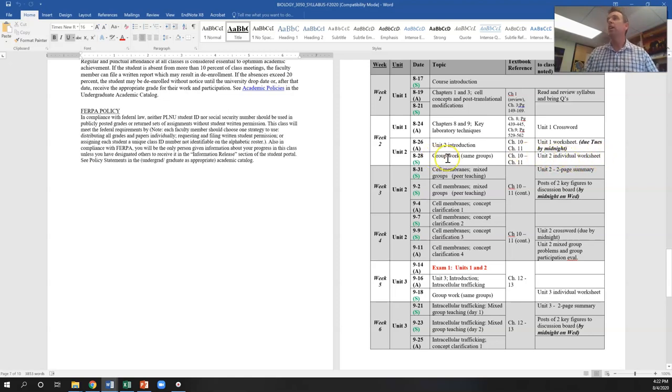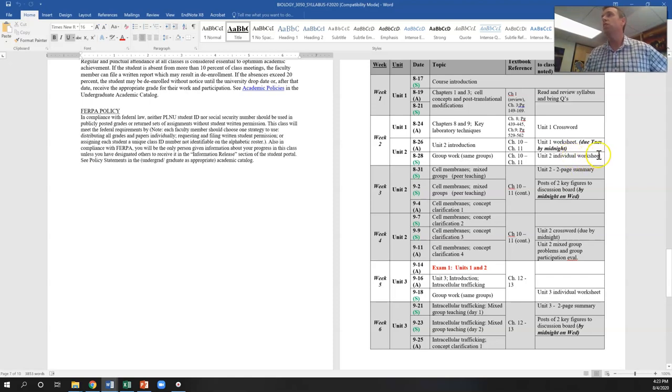And then on that day, we're going to work in same groups. So this is going to be synchronous, and you'll go into your same groups in Zoom breakouts, and I'll pop in and I'll really help you clarify some concepts, but hopefully the worksheets that you've gone over that are due before you get to that same groups will have really helped guide you through what I expect you to learn.